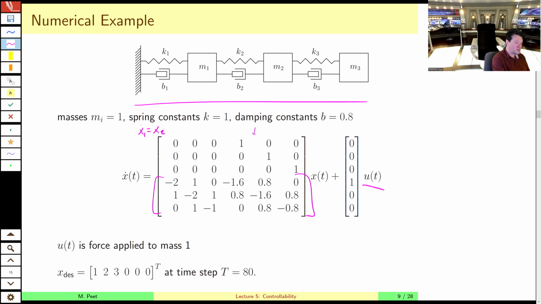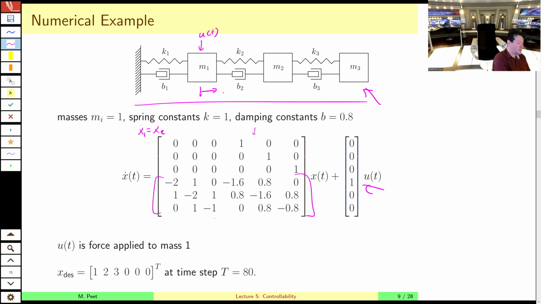It has one input right here, which occurs, well, where does that occur? It looks like here at the first state. No, actually it occurs here.